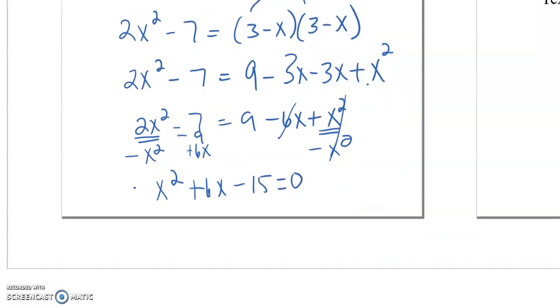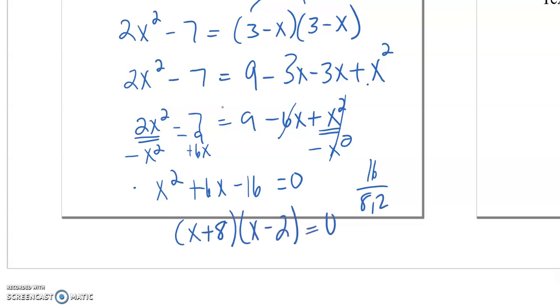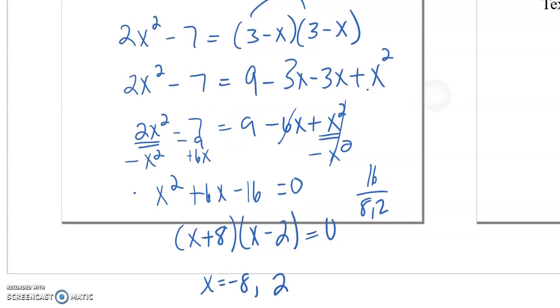And now I'm at factors of 15. When I minus 9 over, it is 16. Factors of 16 that get me 6 would be your 8, and then a 2. When I solve them, I get negative 8 and positive 2, and I need to check.